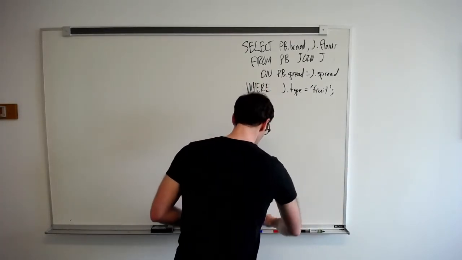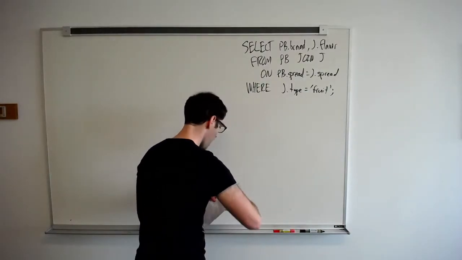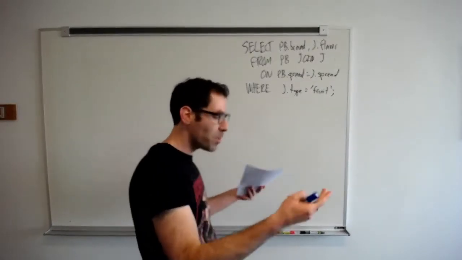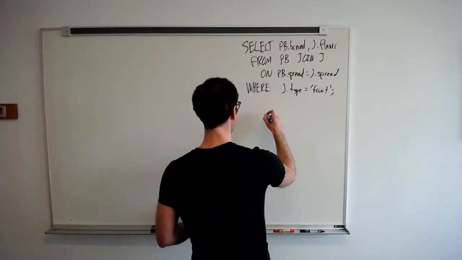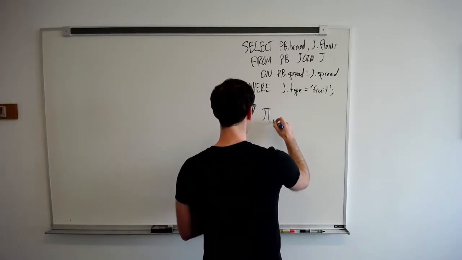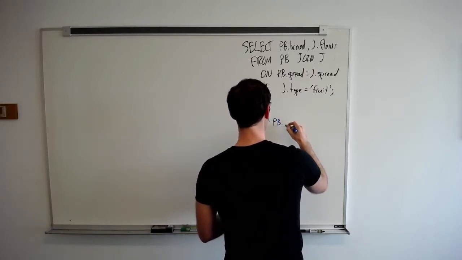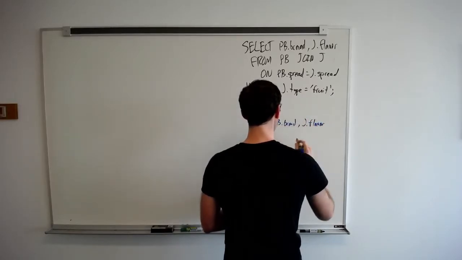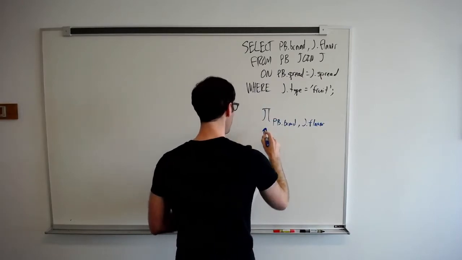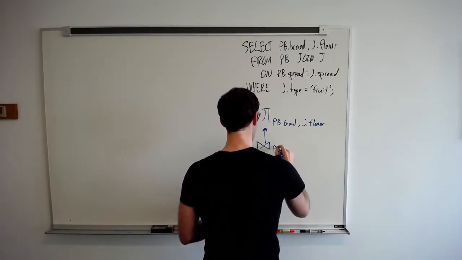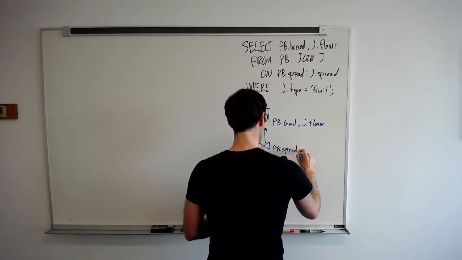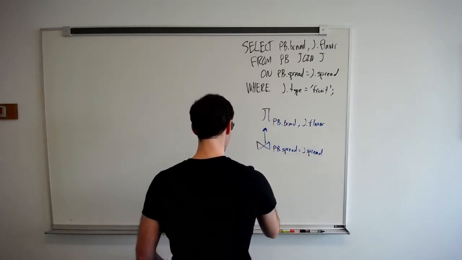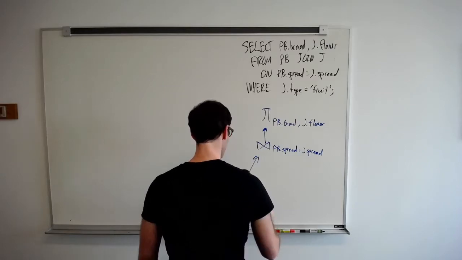And so given this query, we can see it, as we've seen the last few videos, in query plan form, which we'll do as a tree. So at the top we have projection, getting the brand and flavor, and input to that is our join, its condition, and feeding into this join are our two relations.